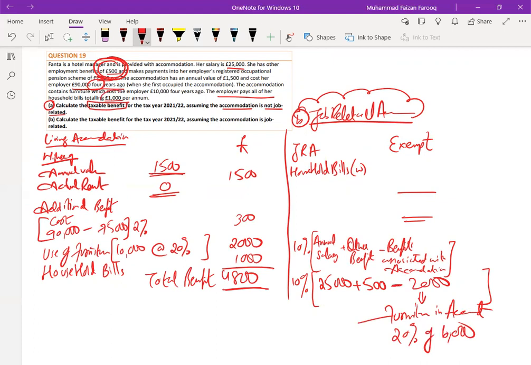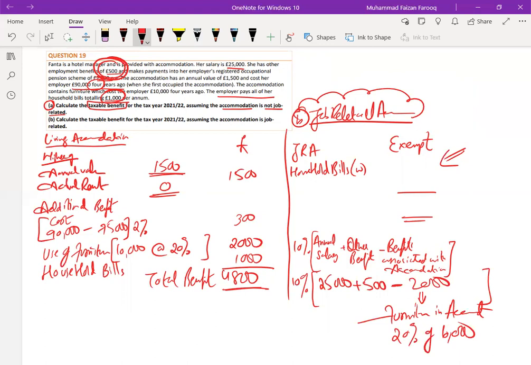Now, why am I not deducting the 1,000? Is this 1,000 also related to accommodation? No, this 1,000 benefit we are going to calculate. Against this 1,000, what amount should we write? This we are going to calculate. So we are just going to ignore it because we are calculating the correct number for this 1,000.